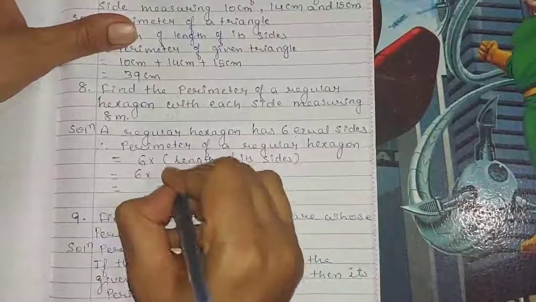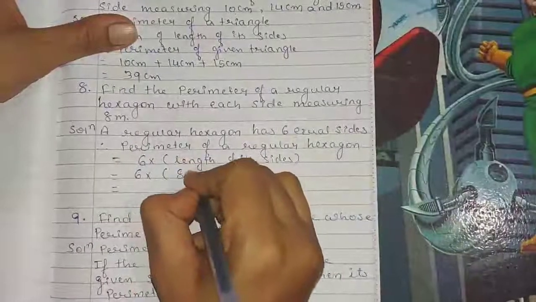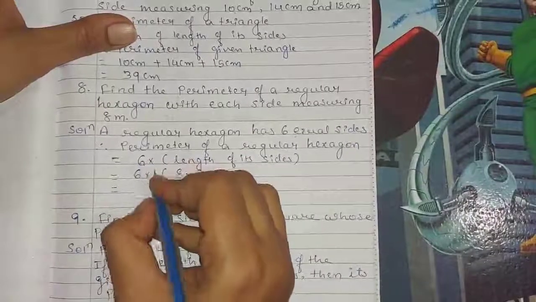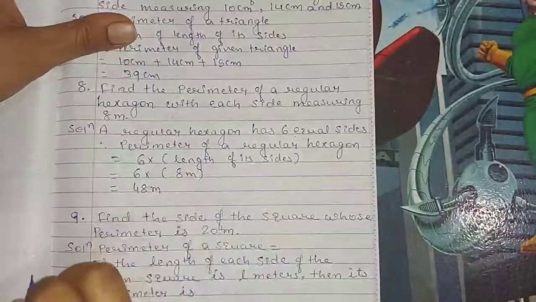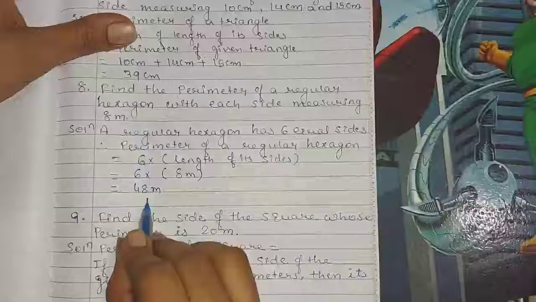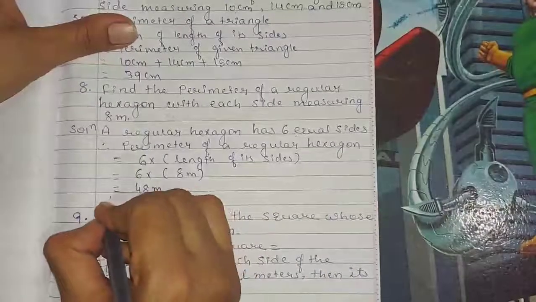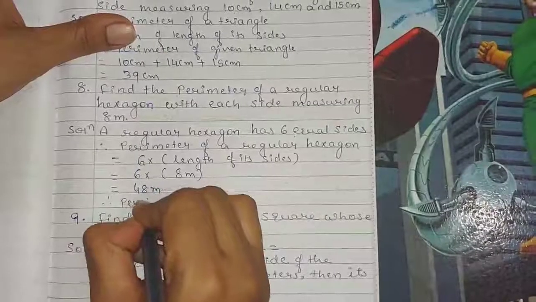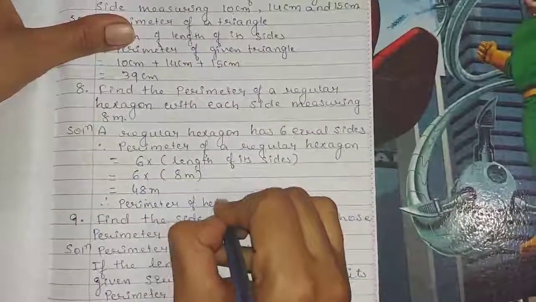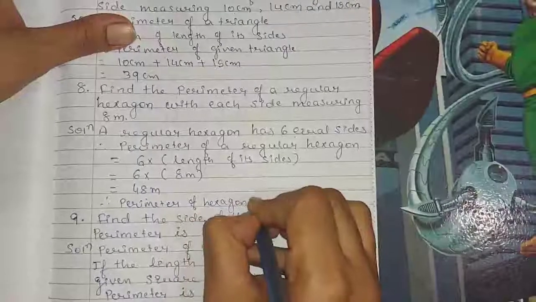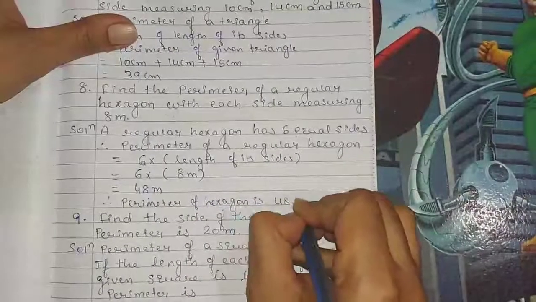And what is the length given? 8 meter. So 6 8s are 48 meter is the answer. So what is the perimeter of hexagon? 48 meter. Therefore, perimeter of hexagon is 48 meter.